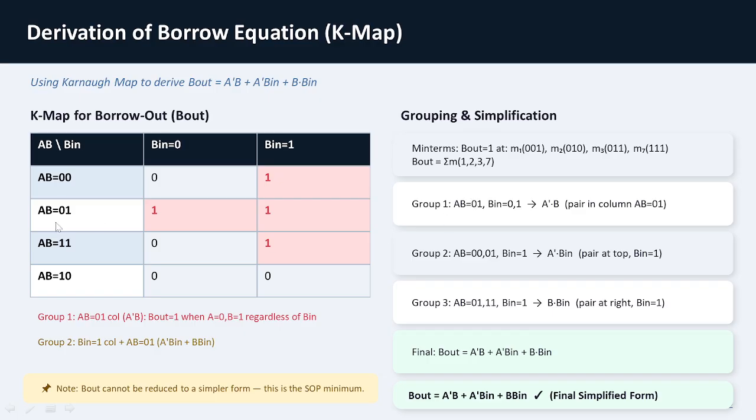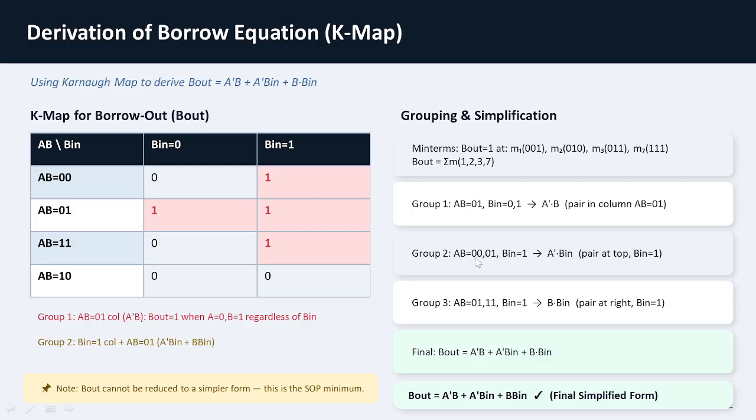It is 0. For 0, you get the minterm as A not. Like I said, you need to keep every bit in 1. To follow that procedure, you write A not, and dot means AND, B. You got your first pair.